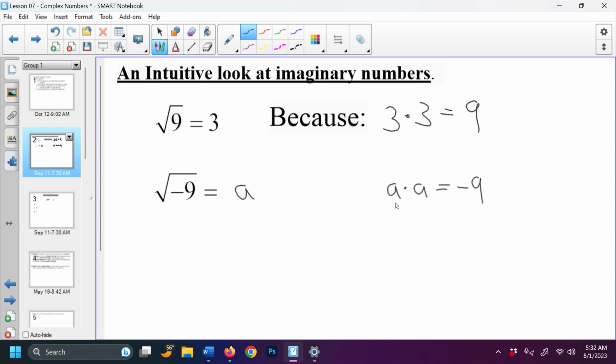Now, if a is a positive number, a times a would end up being positive. If a was a negative, then a times a would also be positive. If a was 0, then a times a would be equal to 0. So there are no quote-unquote real numbers that will make this true.